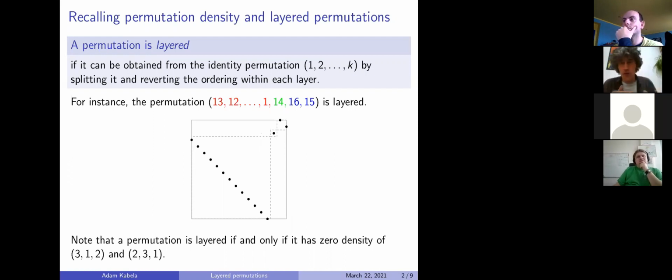The values through the layers, thinking of layers consecutively, their values are increasing. That's one way. Another equivalent way would be via forbidding patterns, right? So you can say that the permutation is layered if it avoids the patterns 3, 1, 2 and 2, 3, 1. Right. So these are layered permutations.